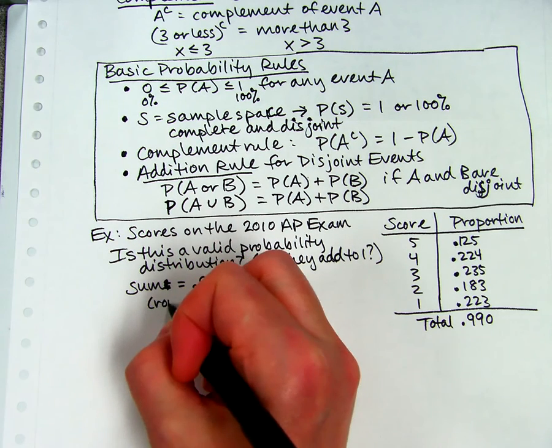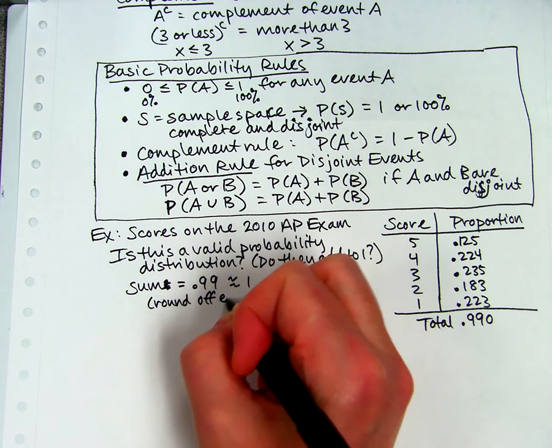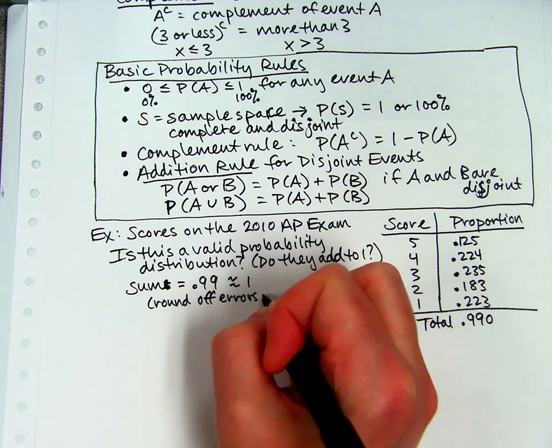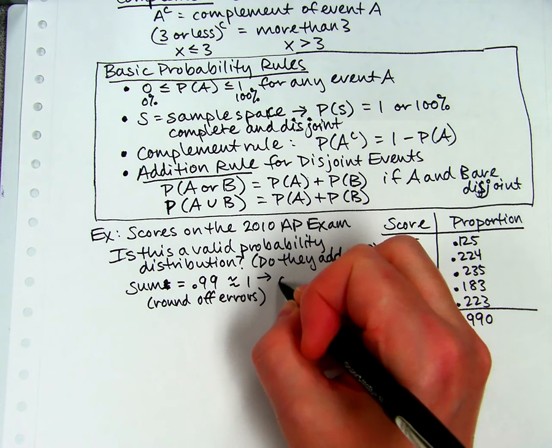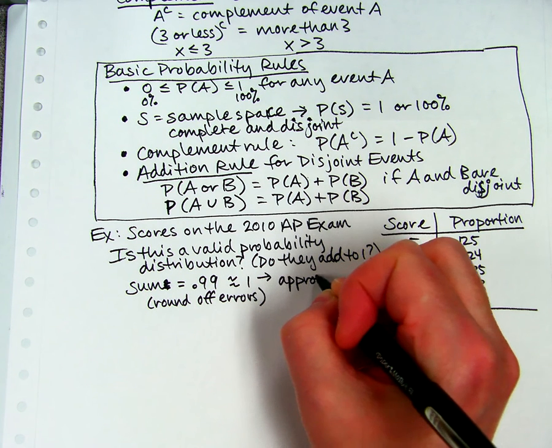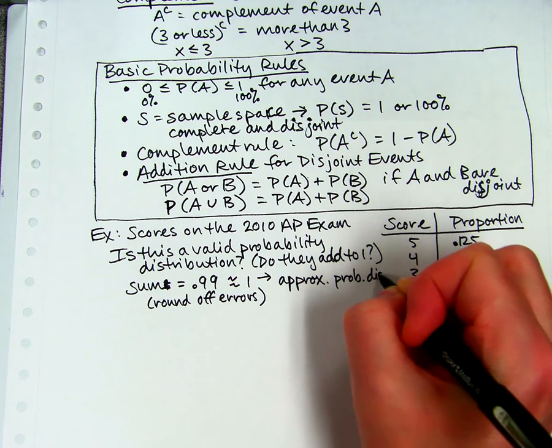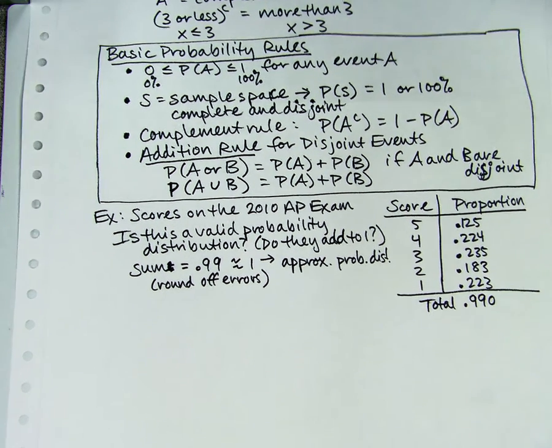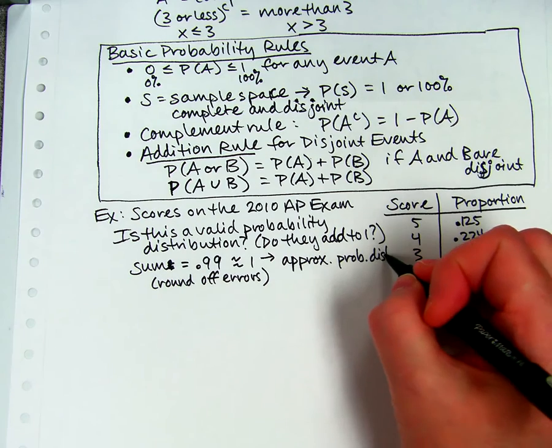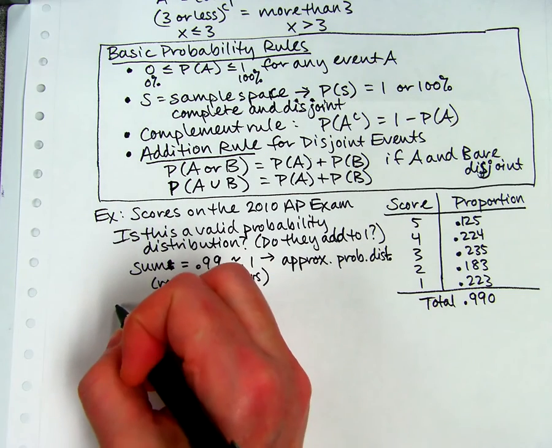I'm going to say this is an approximately valid probability distribution. I thought about fixing it so it wouldn't have that problem, but I didn't. It's close enough for what we're about to do, except that the complement thing that I'm about to do might change depending on how you look at it, and I'll show you that when I get there.